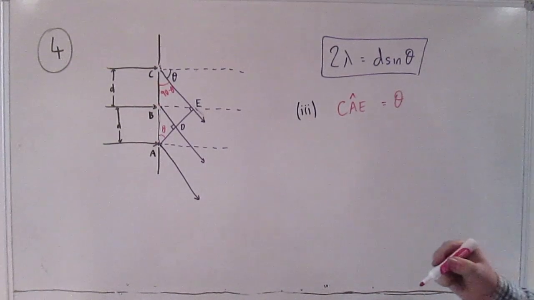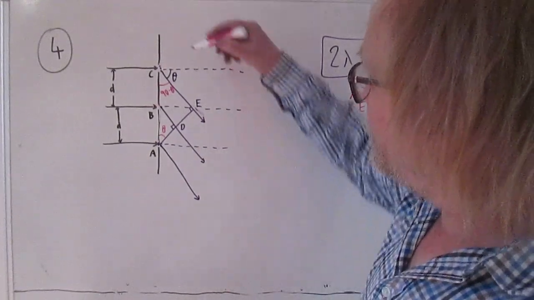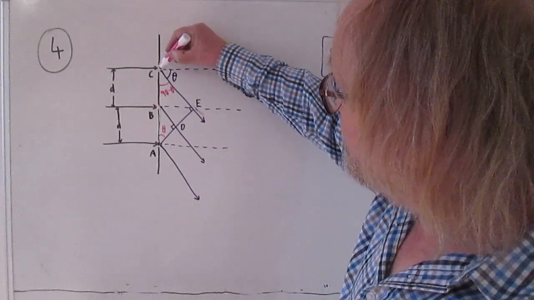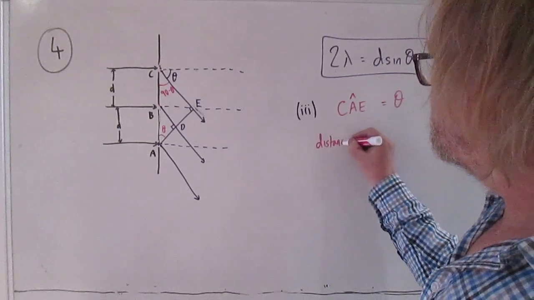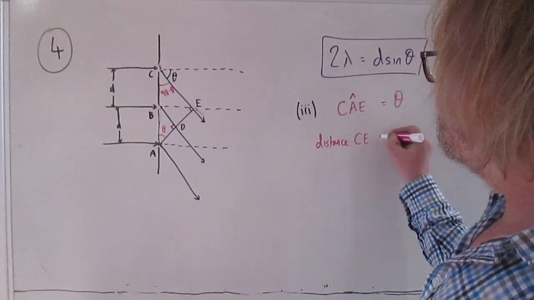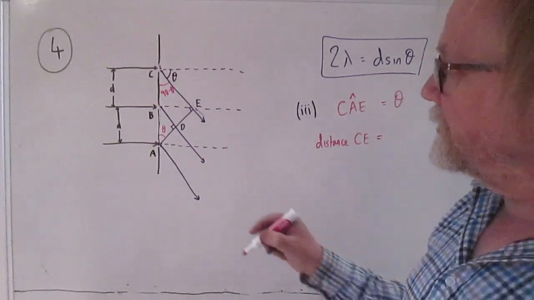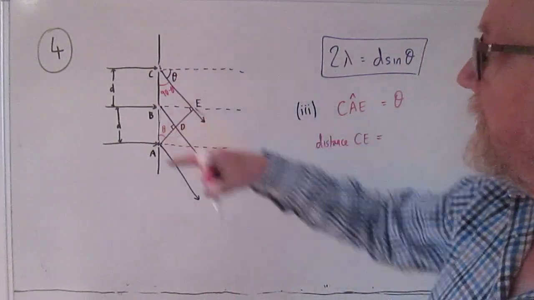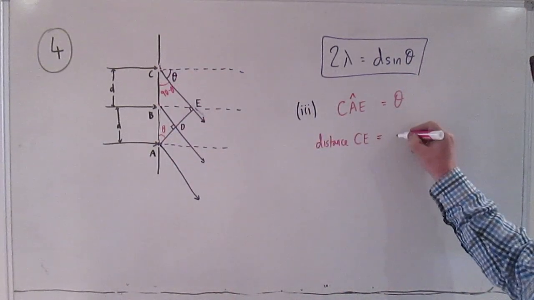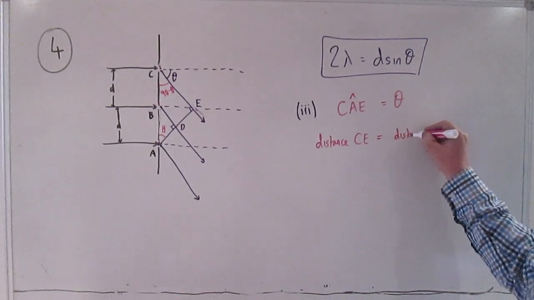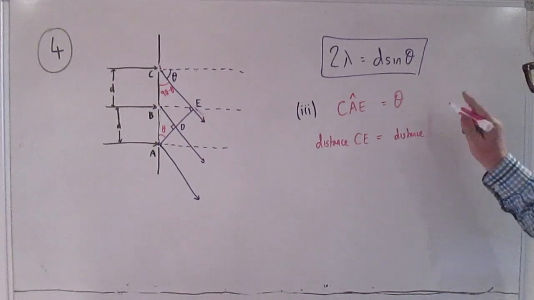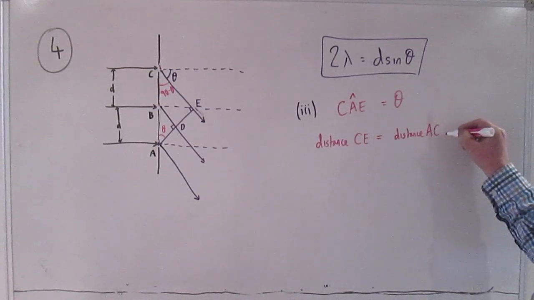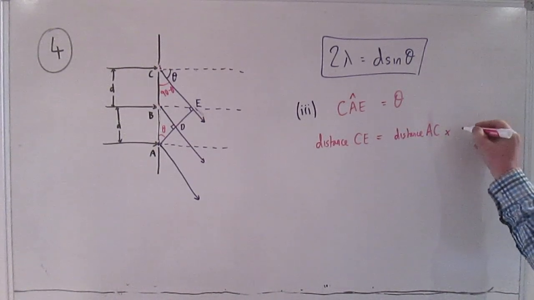So that being the case, we can then say that this distance CE, just through normal trigonometry, is distance AC times sine theta.